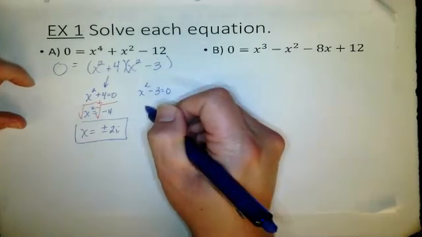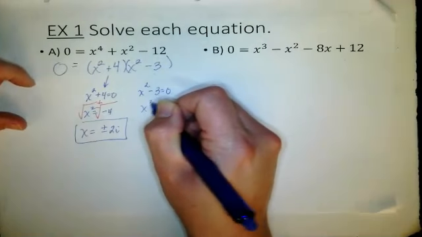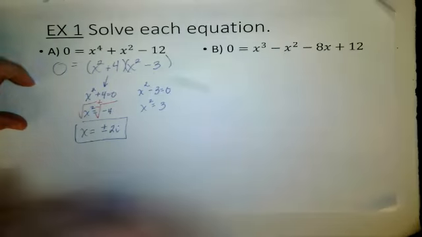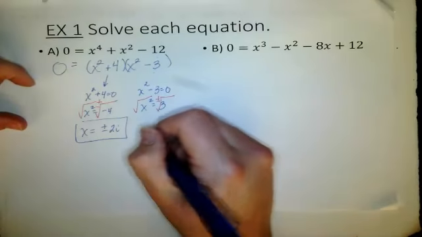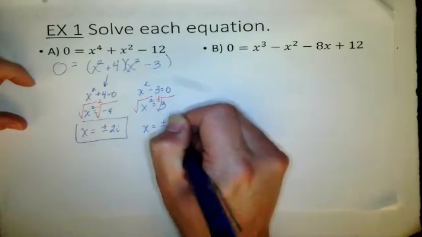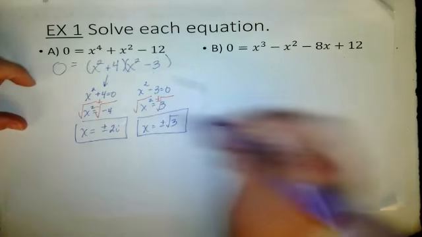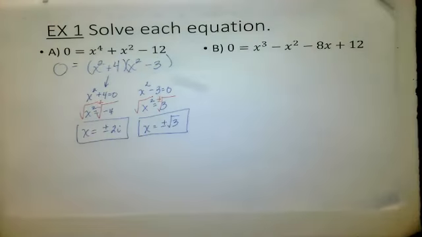And then over here, I'm going to add 3, and again, square root, don't forget the plus or minus. So we get x equals plus or minus radical 3, good.